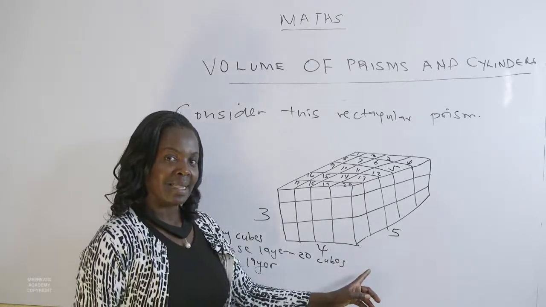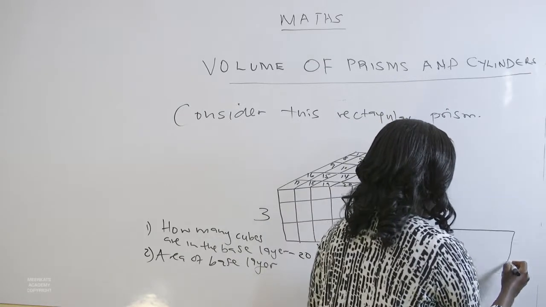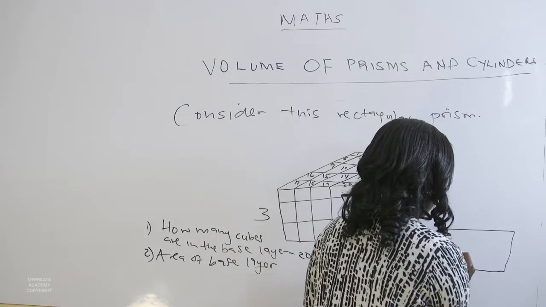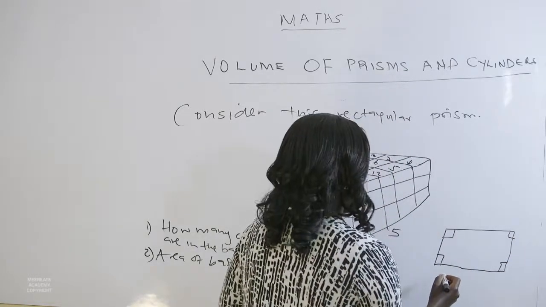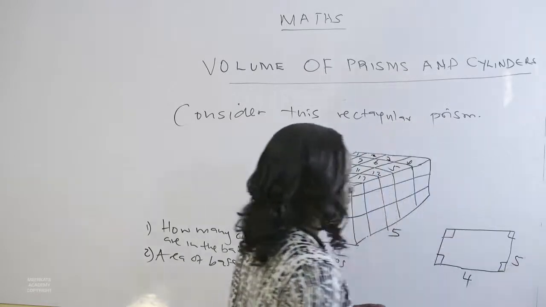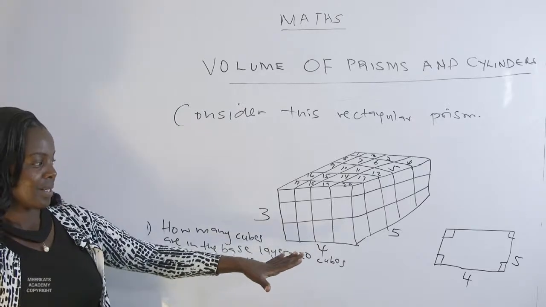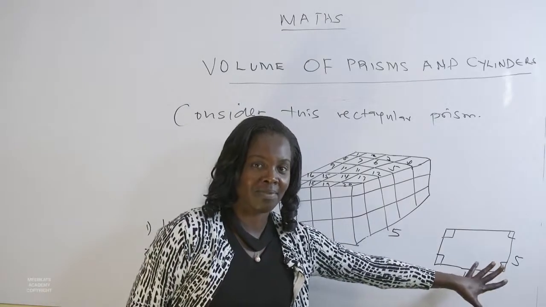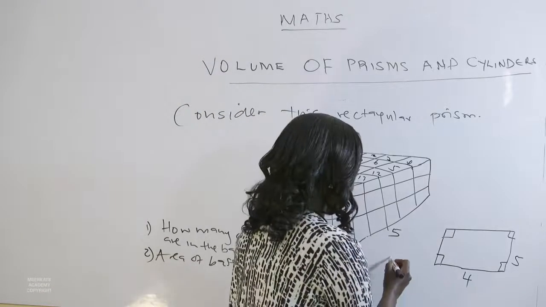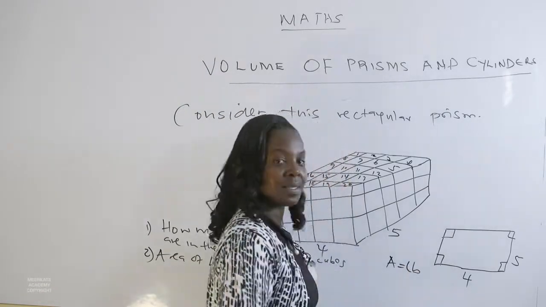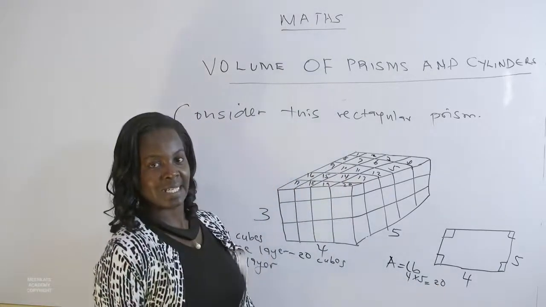You realize that the base layer is a rectangle measuring 4 by 5. So what is the area? We said area is equal to length times width, which is 4 times 5. That gives us 20.